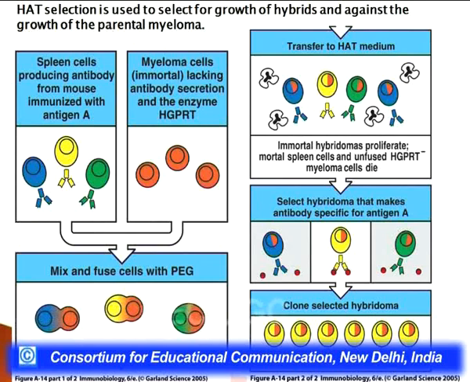Now, any cell will utilize two pathways, one is called the de novo pathway, the other is called the salvage pathway. Now, aminopterin, which is a folate antagonist, does not let the cell follow the de novo pathway. So, the only option for any cell, whether it is a myeloma cell or a spleen cell, is to follow the salvage pathway. Now, HGPRT is a very important enzyme of the salvage pathway.